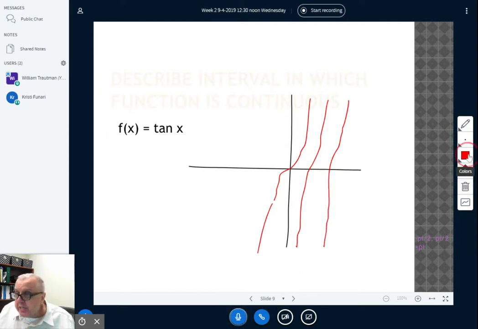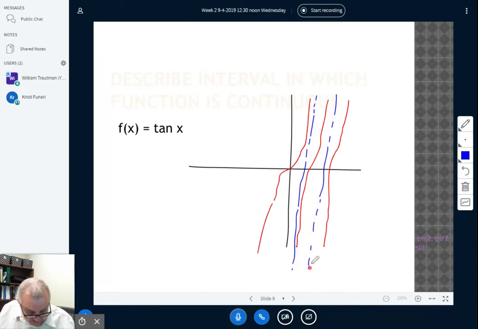Okay, so in a tangent function, we have these asymptotes. And if you look at your calculator, the asymptote looks like it's at about 1.5 or something. Do you know, once again, tangent function is sine x over cosine x.